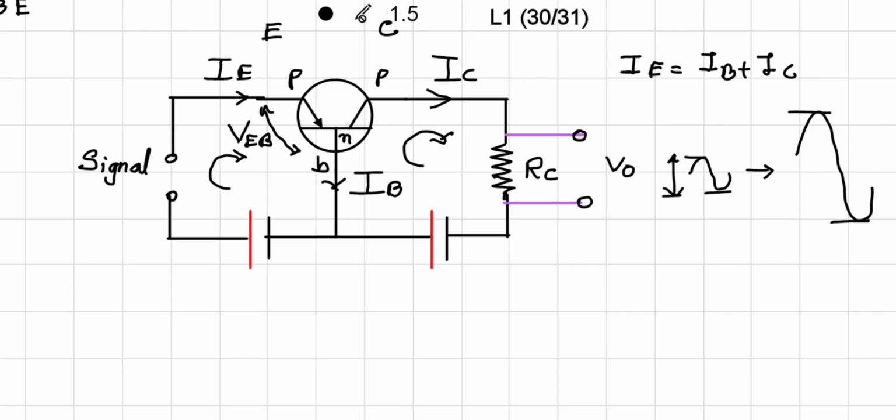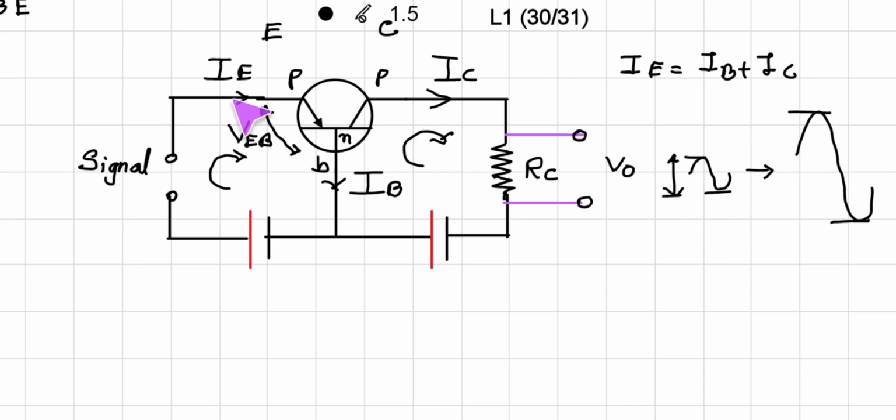It depends on what configuration we are using, whether it is a current amplifier or a voltage amplifier. But suppose this is 1 volt, and this is 2 volt, then the output is 2 times the input, and so this is basically an amplification.